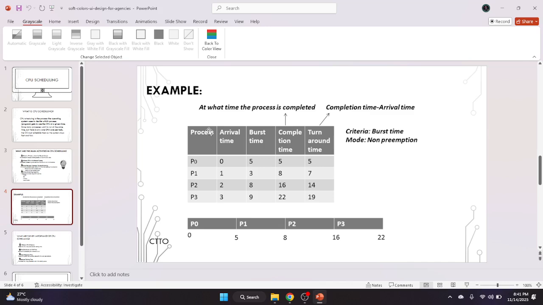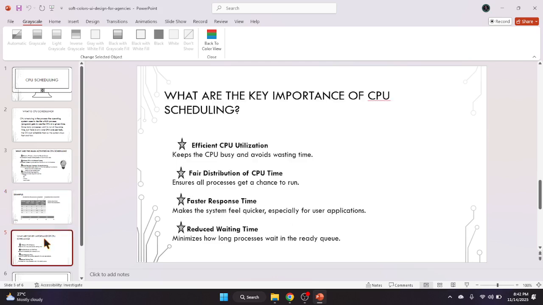And non-preemptive means once a process starts running, it cannot be stopped until it finishes. So the CPU always chooses the shortest available process and runs them in the order P0, P1, P2, until P3, and we record when each process finishes and how long each one takes from arrival to completion.